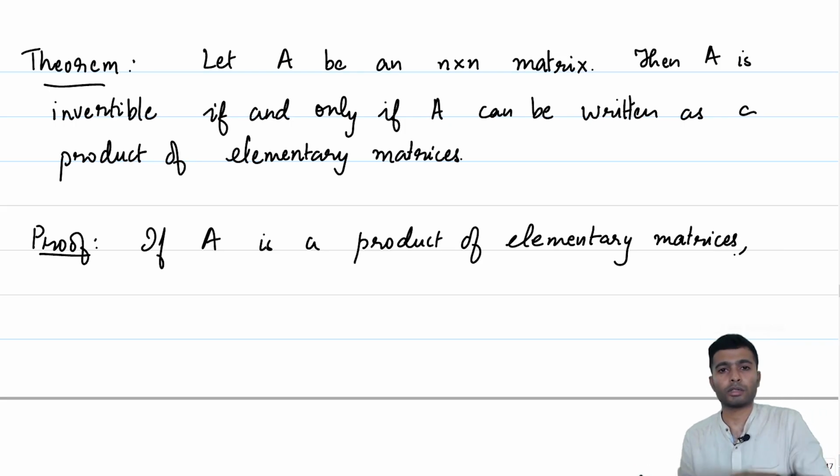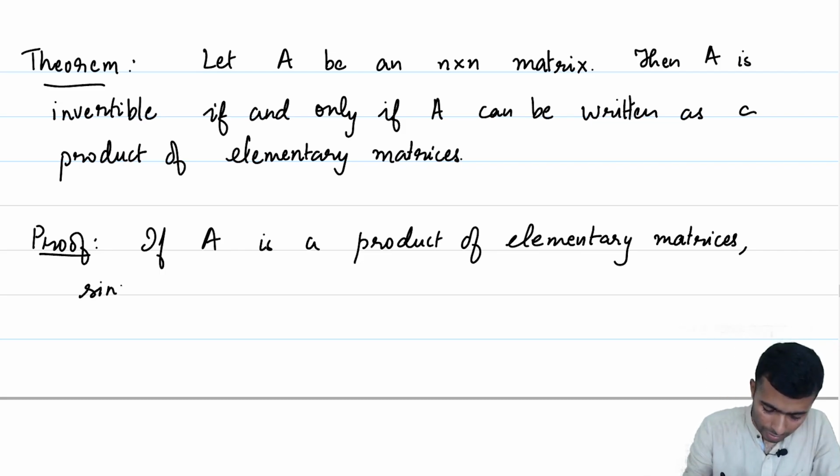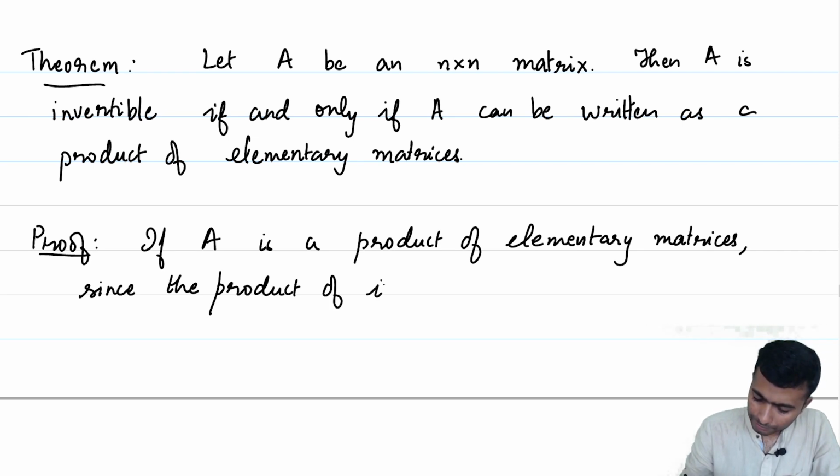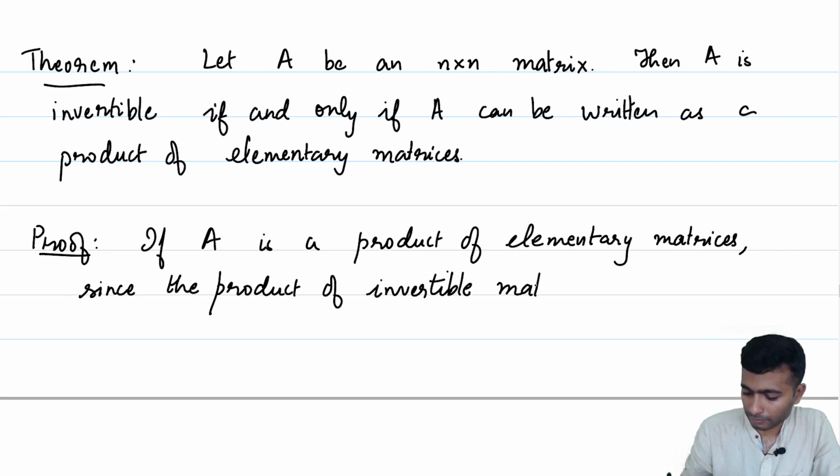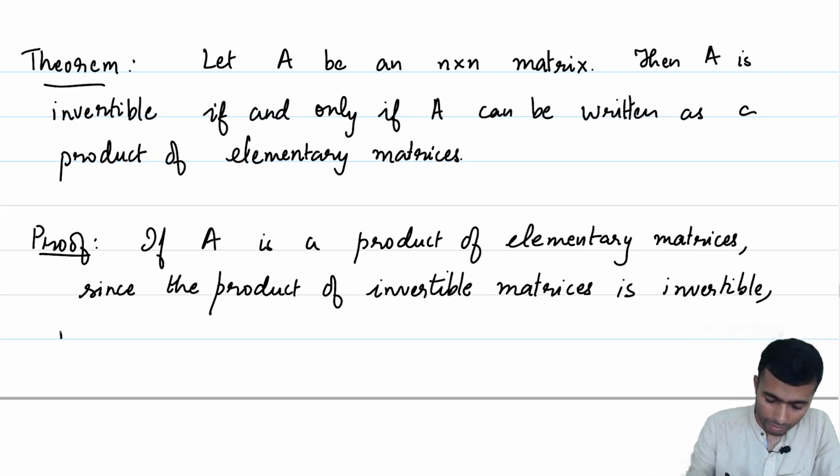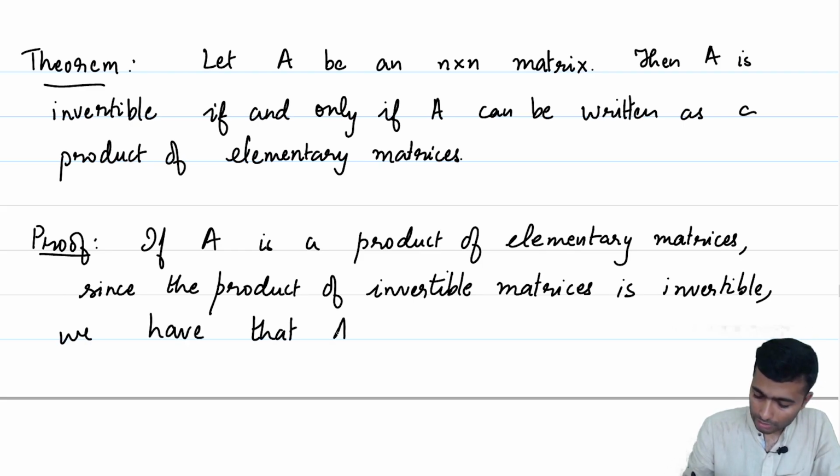Then the product of invertible matrices is also an invertible matrix, since the product of invertible matrices is invertible, we have that A is invertible.